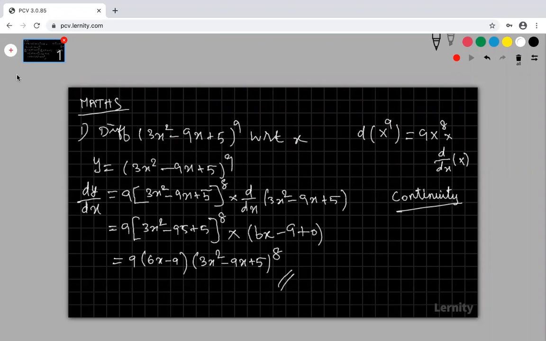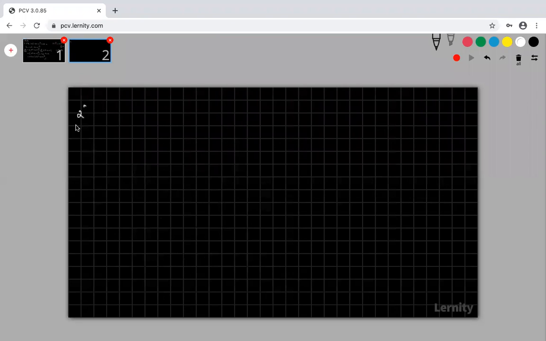So now come to the next problem, the second problem. This is not a miscellaneous exercise problem; this is our miscellaneous example problem.